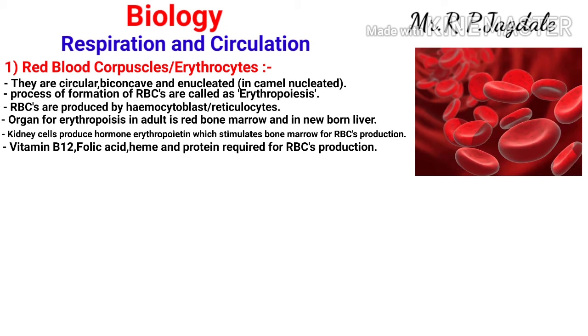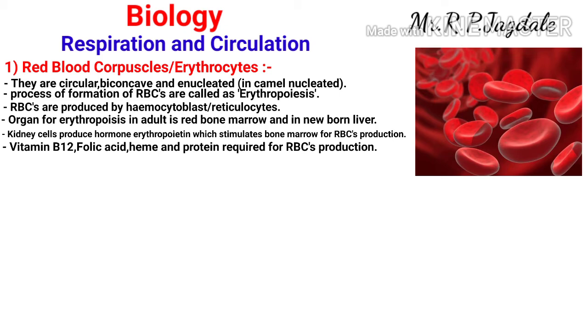We know that in the RBCs there is the presence of hemoglobin. Hemoglobin means heme and globin. Heme is nothing but the iron, and globin is one of the proteins. So heme and proteins and folic acid and vitamin B12 are required for the production of RBCs.